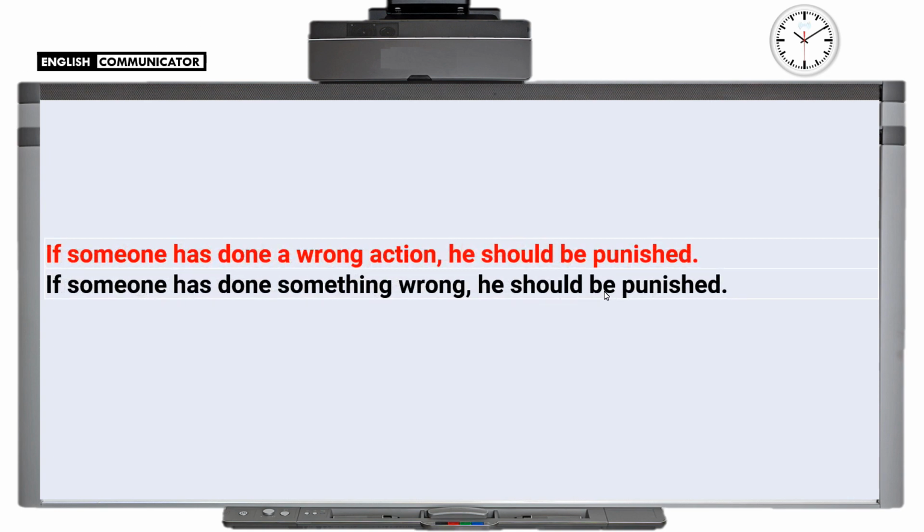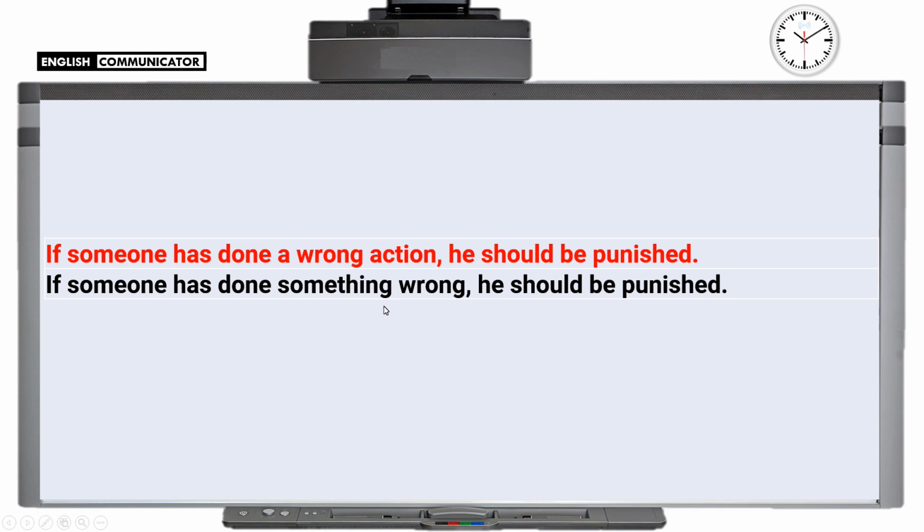"If someone has done a wrong action, he should be punished." Okay, let's see what's wrong here. If someone has done something wrong, he should be punished. The difference? Not a wrong action, but something wrong.